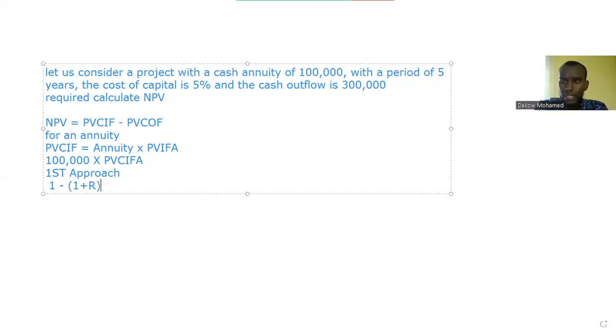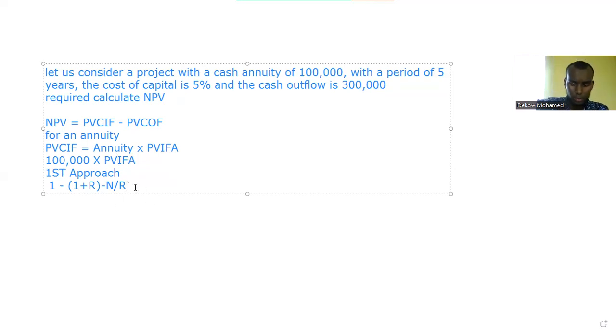Then this we raise to negative n. For our case, our n is 5 years, so we have to raise to negative 5. Then divide this by R. Now, if we sort out this, we'll get the present value interest factor of an annuity.